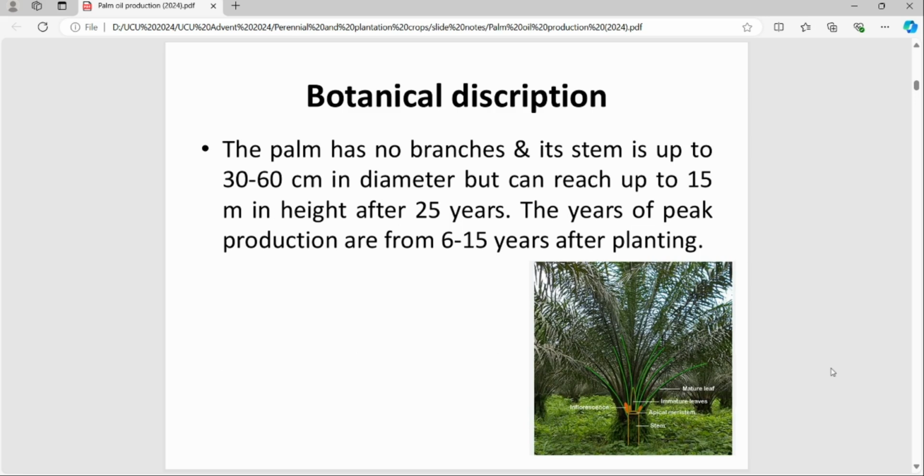So the palm tree has no branches, and its stem is upright, and it goes up to 60 centimeters in diameter, but can reach a height of 15 meters after about 25 years. So the years of the peak of production are from 6 to 15 years, but the hybrid variety starts production from as early as 3 years.